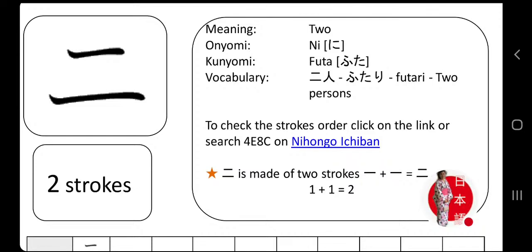We have the Chinese reading ni, and then the kunyomi, which is futa. A sample vocabulary is futari. Futari is two persons. So there we use the futa in making the word futari. You just need to add the ri. Futari.